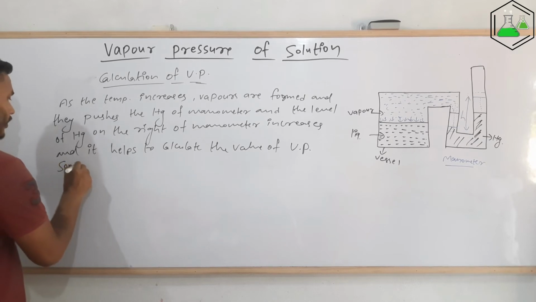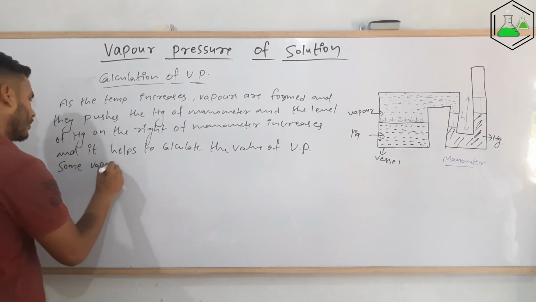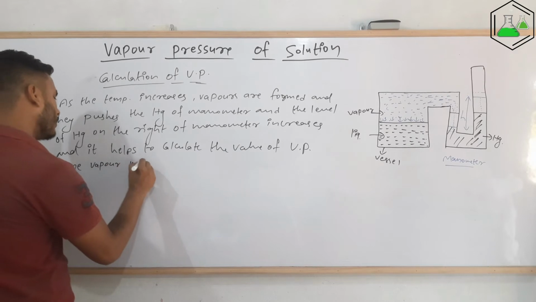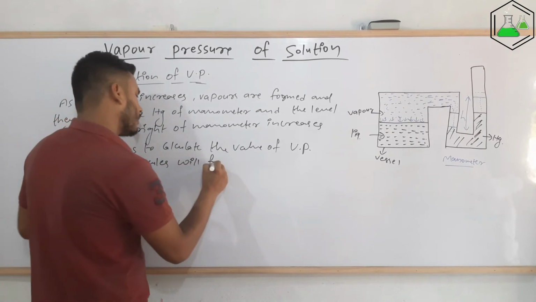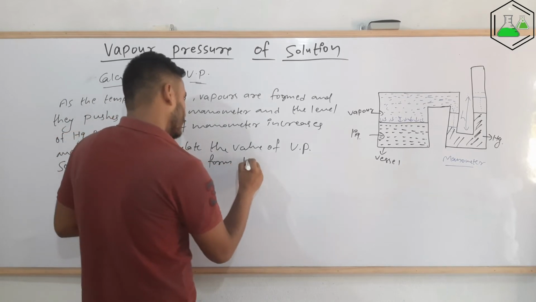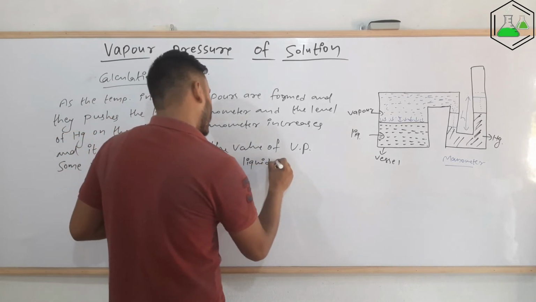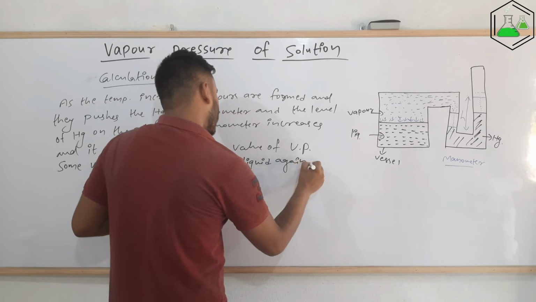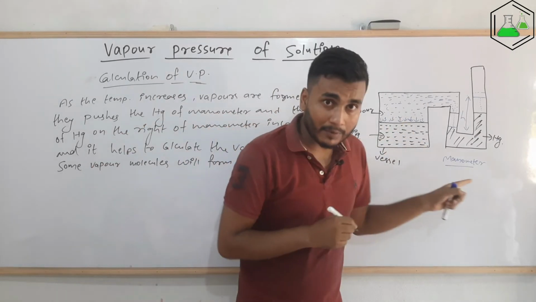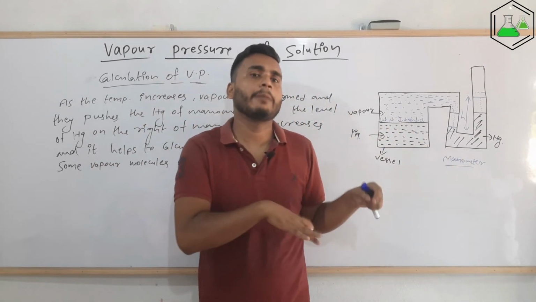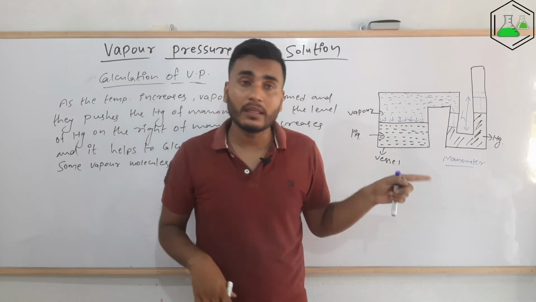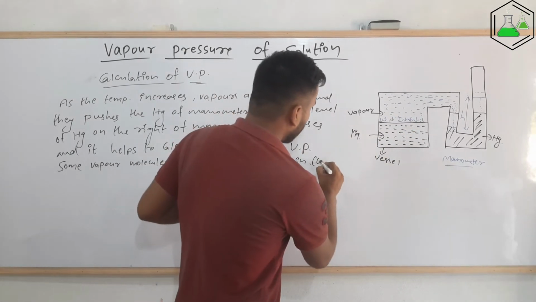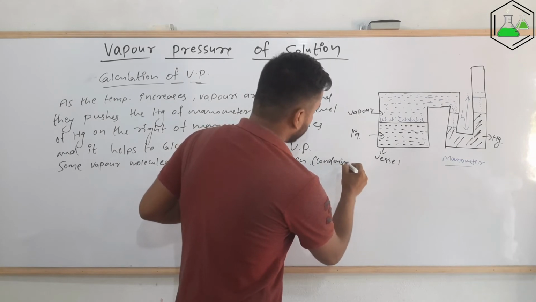Some vapor molecules will form liquid again. Now there is a forward process, that is formation of vapor, and a backward process, that is formation of liquid again by the condensation method. Okay, this is the condensation.